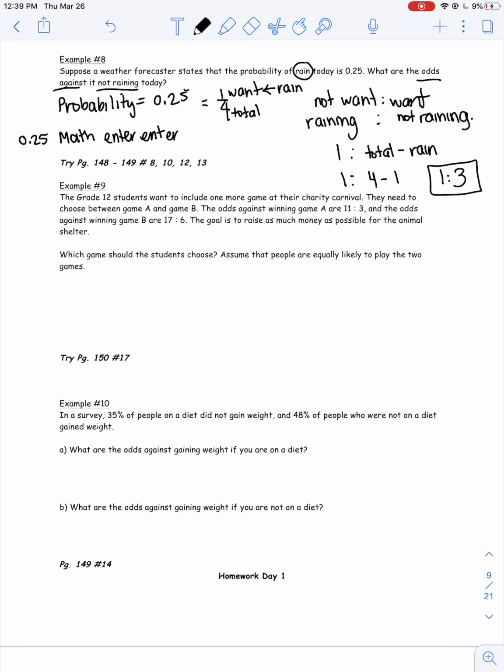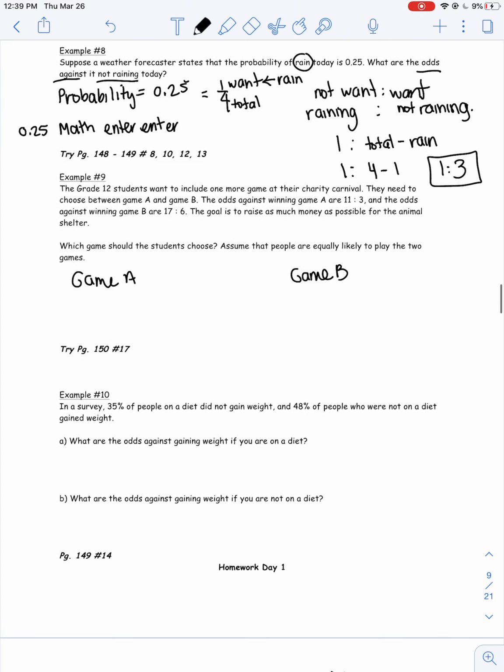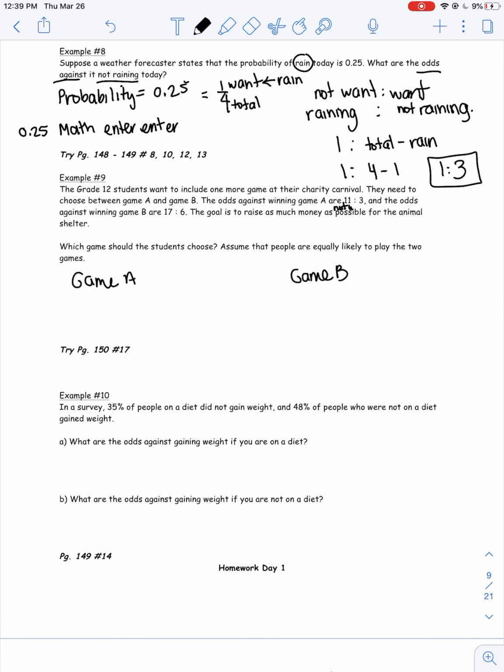Example number 9. The grade 12 students want to include one more game in their charity carnival. They need to choose between game A and game B. Okay, so we have two games, game A and game B. We know that the odds against is always your not want to your want. So 11 is our not want and 3 is our want.